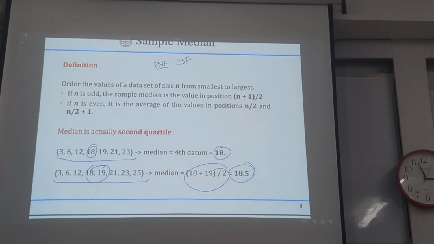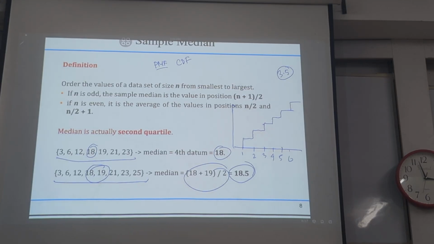What is the median? 2.5. If you draw the CDF curve, 1, 2, 3, 4, 5, 6, right? This is the one, right? 1, 2, 3, 4, 5, one more.